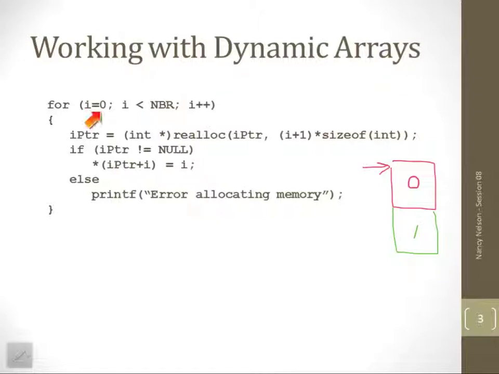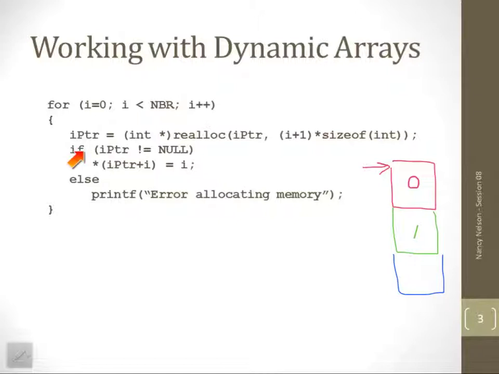Let's go through one more time. So now I is equal to 2. Let's say number is 3. So we're still less. We're going to reallocate with our pointer. I is now 2, so 2 plus 1 is 3 times the size of an integer, so we need space for 3. It adds on.